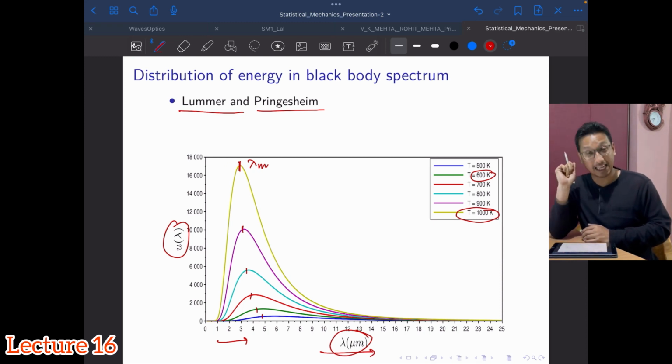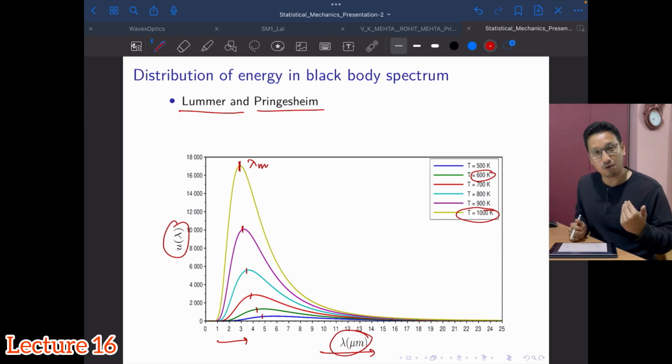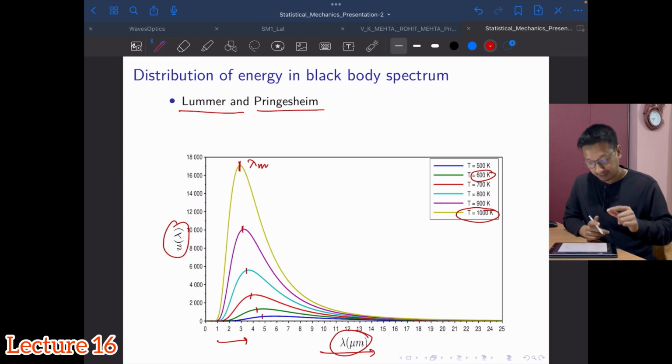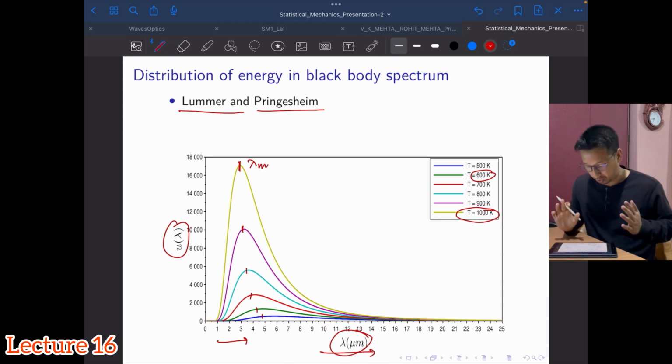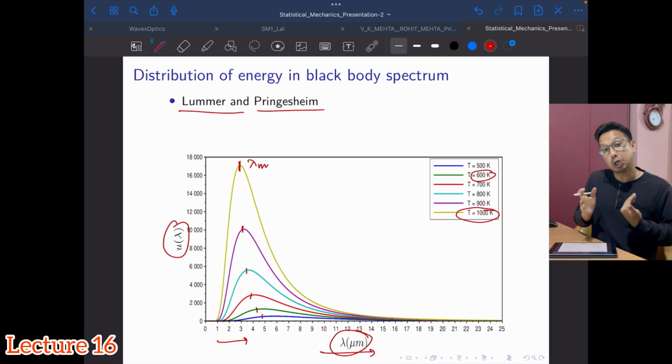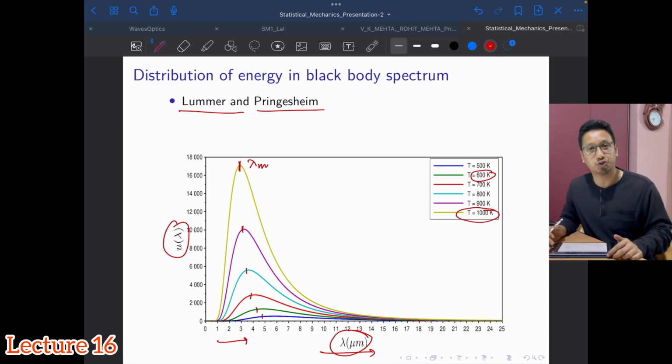That is one thing. Second, the wavelength for which the energy radiation is maximum has shifted towards the lower wavelength side with increasing temperature, isn't it? So the peaks have moved towards the left side, meaning the lower wavelength side, as we increase the temperature.